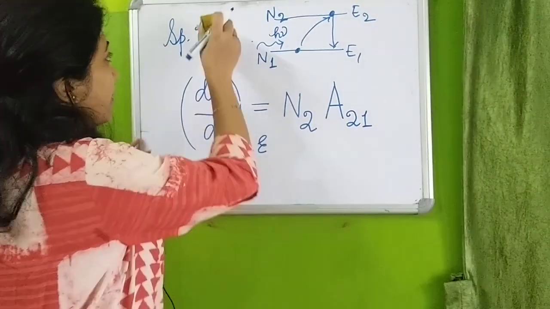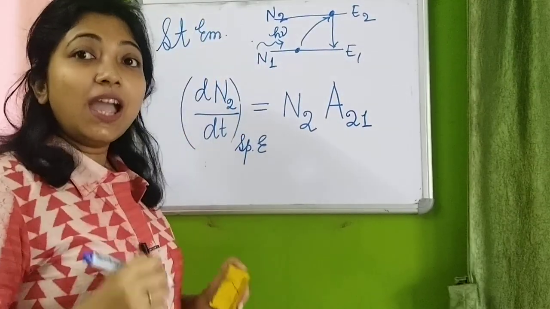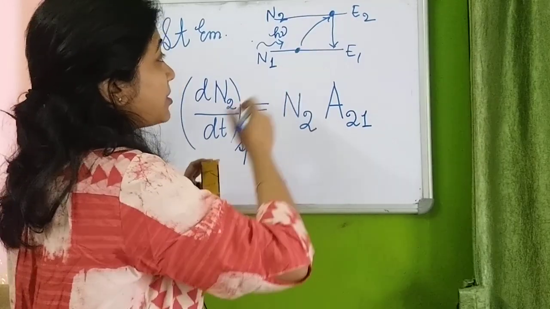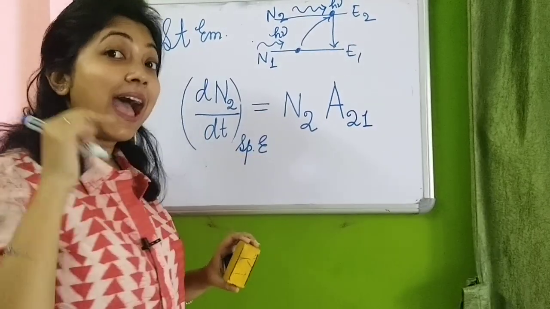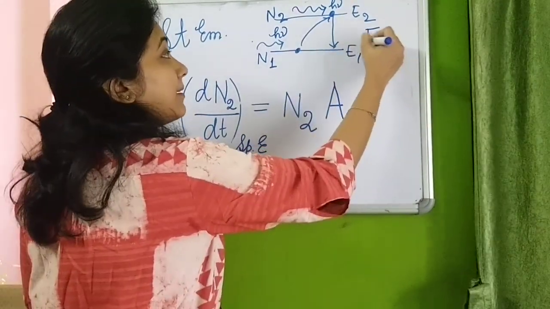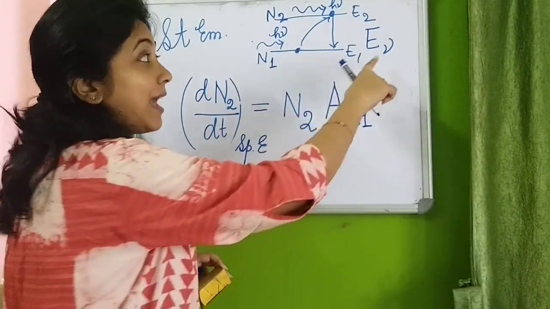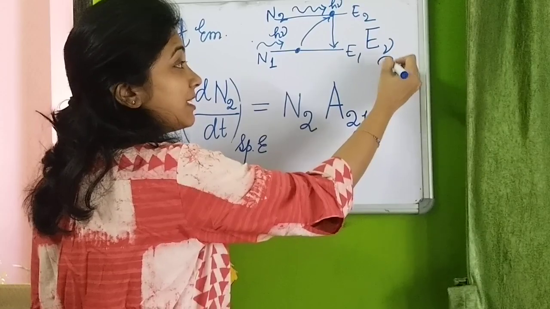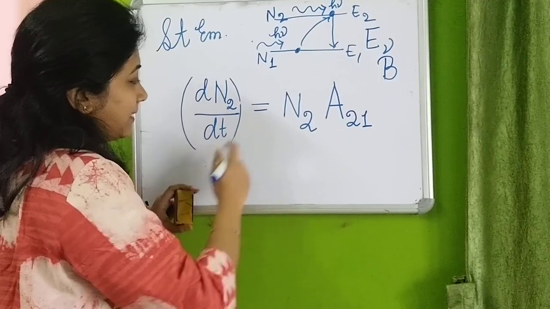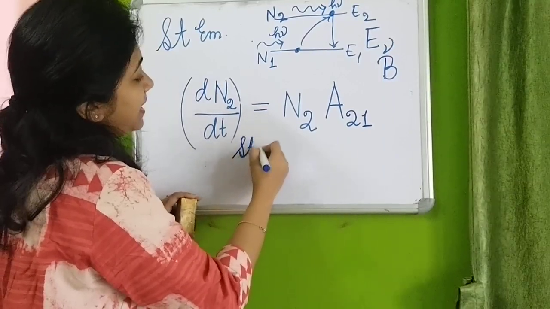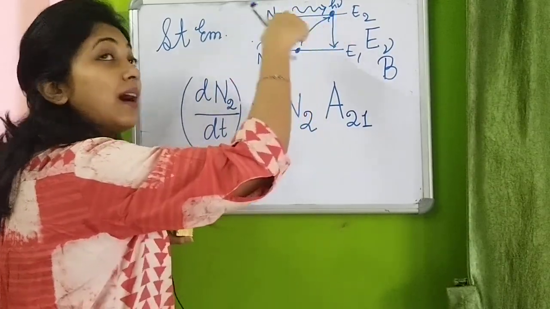Now we will move to the stimulated emission process. While stimulated emission is occurring, once again what will we require? We will require one h nu, which means we will have to give in the energy. And since we are giving some energy, the coefficient will now be called B. So as per Einstein, the rate equation of stimulated emission is dN2/dt, once again N2, because now it is occurring from the higher energy level.